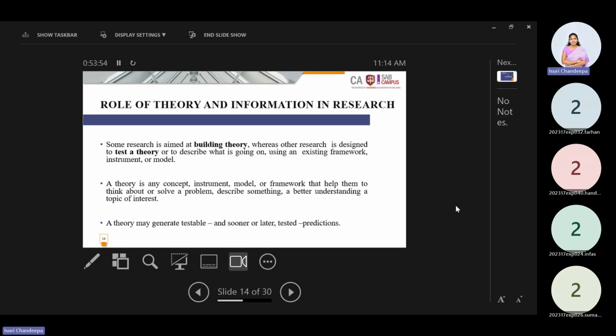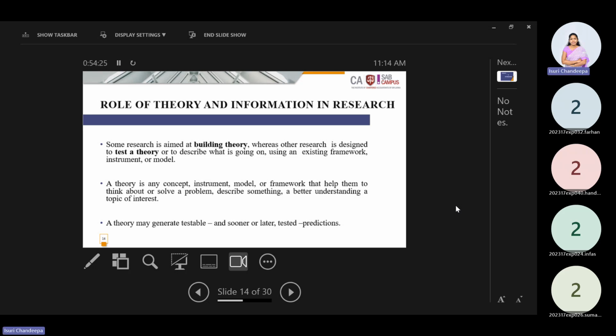In other research, we are going to develop theories: we do the research, get the answers, and based on that we develop a theory. So basically, research helps to develop theories, modify or add to theories, or test theories. Clear?